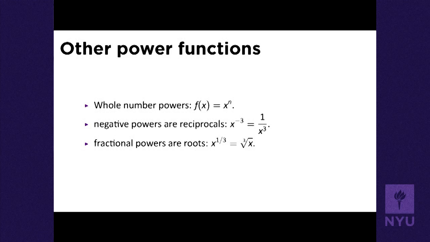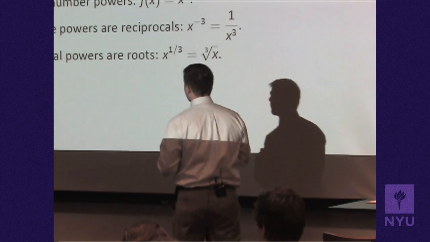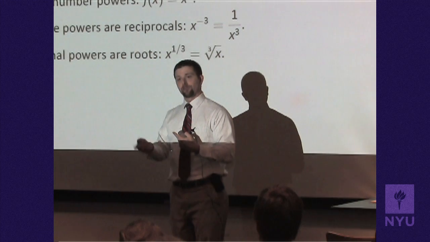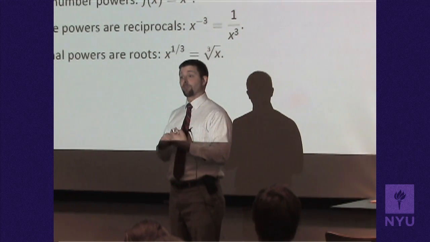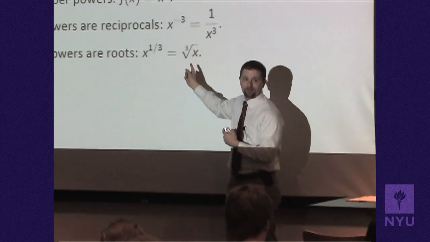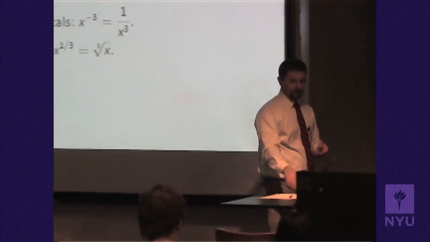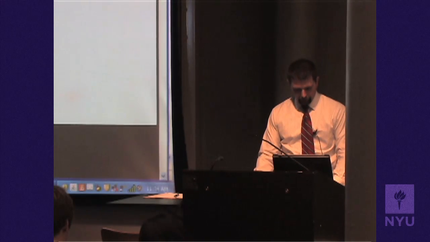So x to the 1/2 is the square root of x. x to the 1/3 is the cube root of x. x to the 2/3 would be the square of the cube root of x. And x to the minus 2/3 would be the reciprocal of the square of the cube root of x, or the square of the reciprocal of the cube root of x, or the cube root of the reciprocal of the square of x. Any way you want to slice it, they're all the same. Okay? I can show you graphs of power functions using the same applets. Let's go over here.